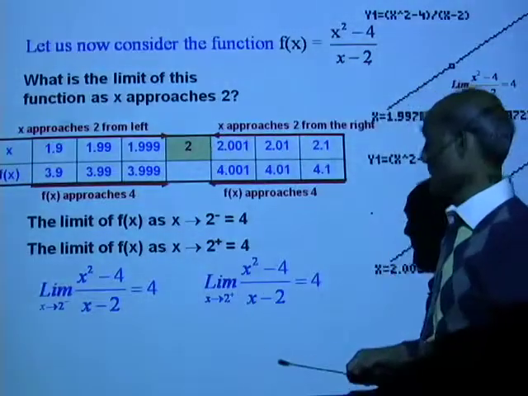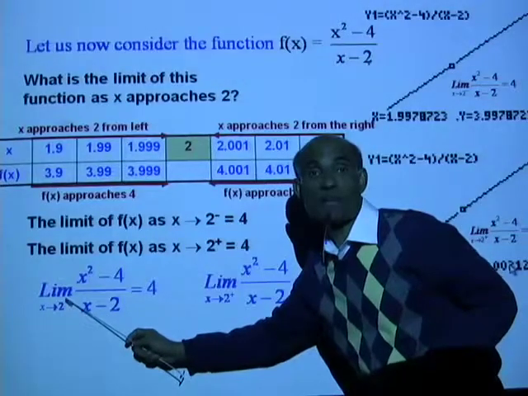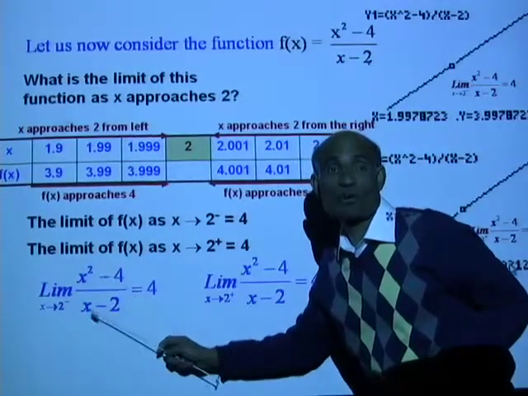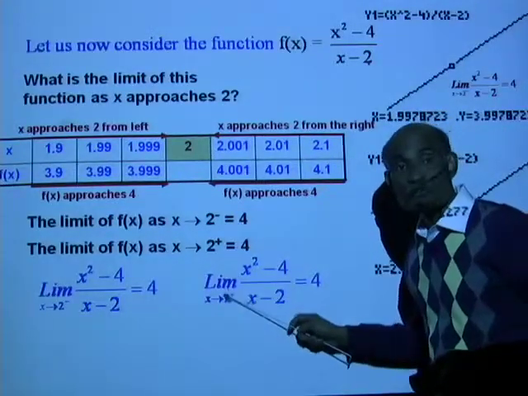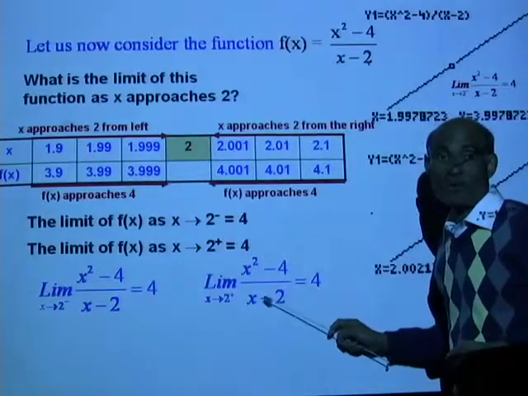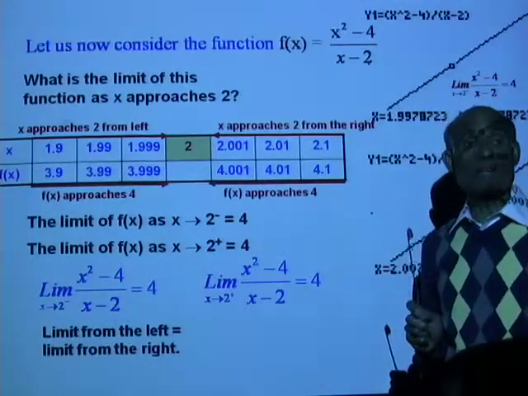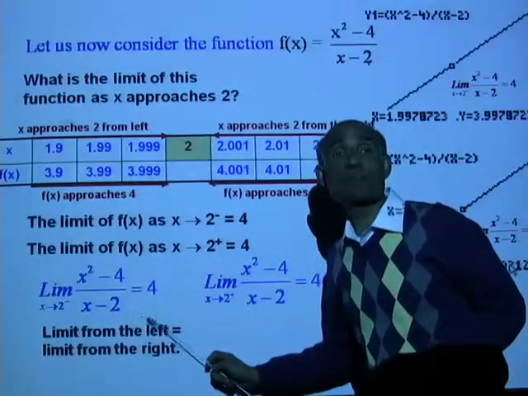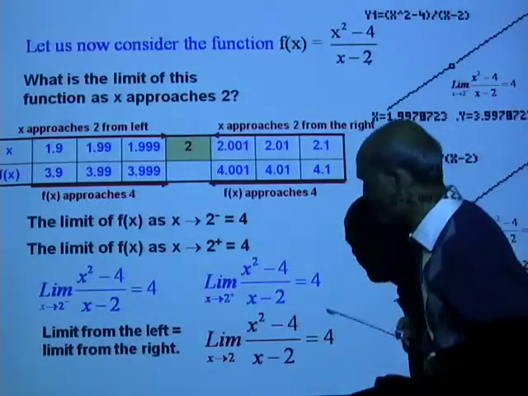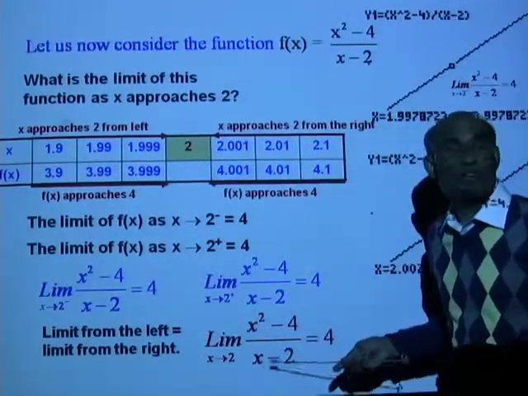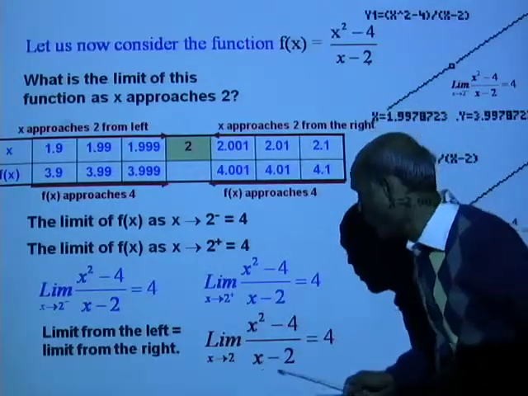And therefore, we can say limit x approaches 2 from the left, x squared minus 4 over x minus 2, is 4. Limit x approaches 2 from the right, x squared minus 4 over x minus 2, is also 4. And that means the limit from the left equals the limit from the right. Therefore, we can confidently answer this question: what is limit x approaches 2 of this quantity?